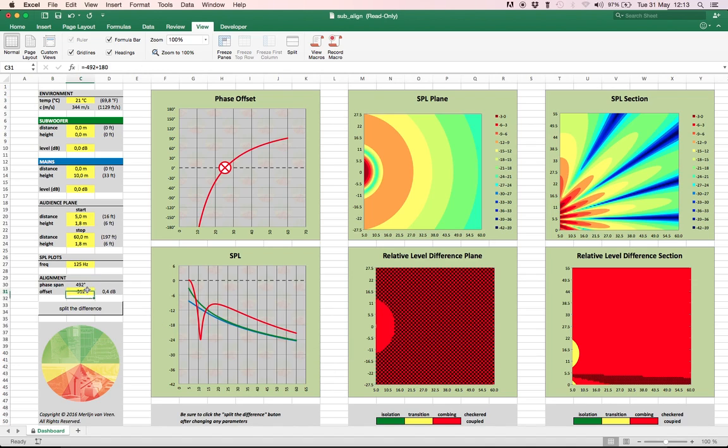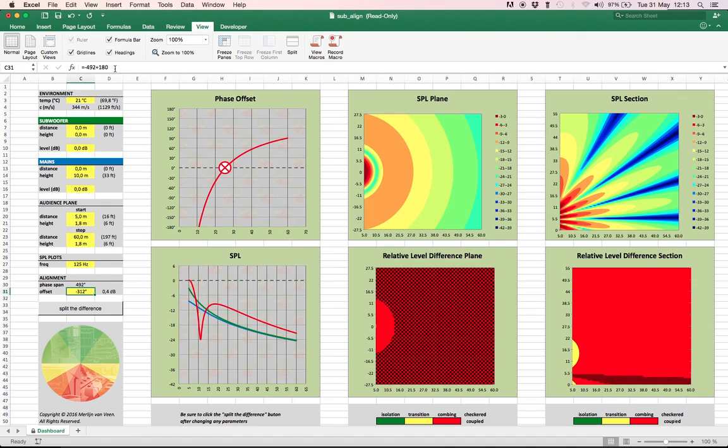Now, what if we want to move so far to the front that the phase offset in the back of the audience will be limited to 120 degrees, putting us at the edge of what is called coupled, and then we start to see losses.